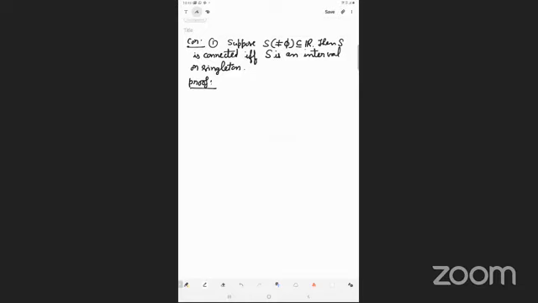So we will show this result. Suppose S is not an interval, then we will see what happens.